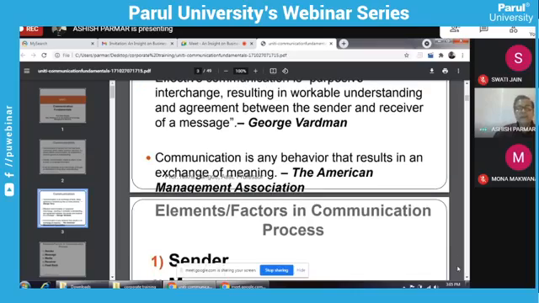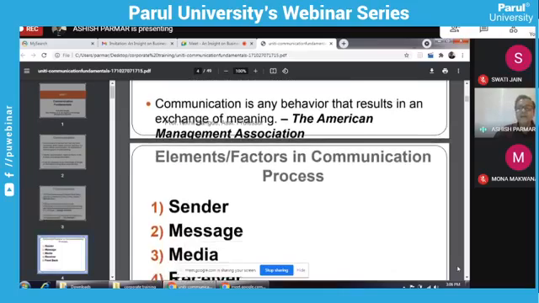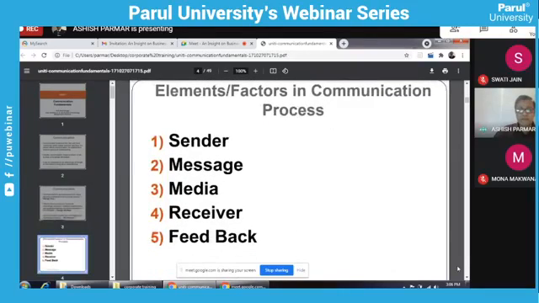The elements or the factors in the communication process. The following are the factors involved in the process of communication, from the moment the message is sent by the sender and received by the receiver and then feedback. These are 5 components or 5 factors involved in communication. First is the sender, then the message, then the media, receiver, and feedback.